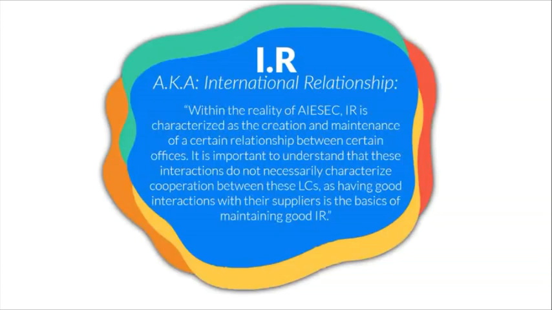Within the reality of Isaac, IR is characterized as the creation and maintenance of a certain relationship between certain offices. It is important to understand that these interactions do not necessarily characterize cooperation between these LCs, as having good interaction with their suppliers is the basics of maintaining good IR.